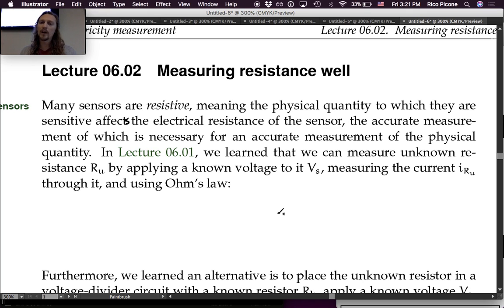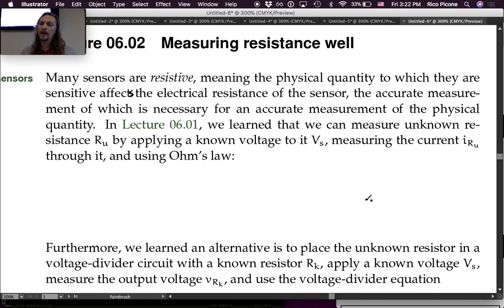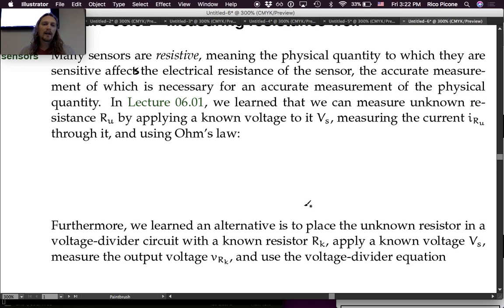So in lecture 6.1, we learned that we can measure an unknown resistance, Ru, by applying a known voltage to it, Vs, measuring the current through it, IRU, the current through the unknown resistor U, and using Ohm's law, we can say that Ru is equal to Vs divided by IRU.